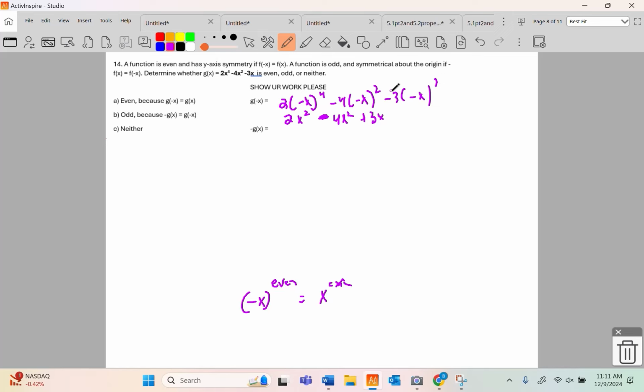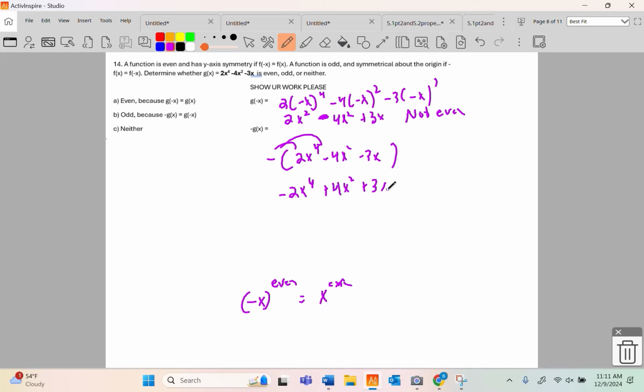Now, is that the same as the original? No, so it's not even. This was the even rule. Not even. All right, now we're going to find negative g of x. Negative g of x is when you take the whole function and you just wrap it in a negative symbol and use the distributive property. So this piece becomes negative. This piece becomes positive.